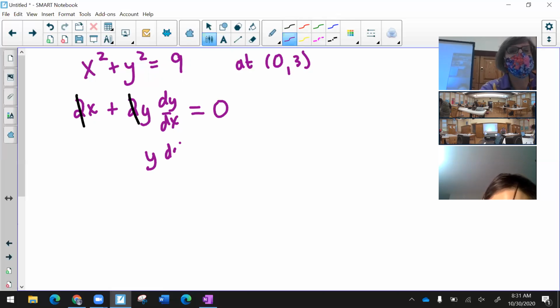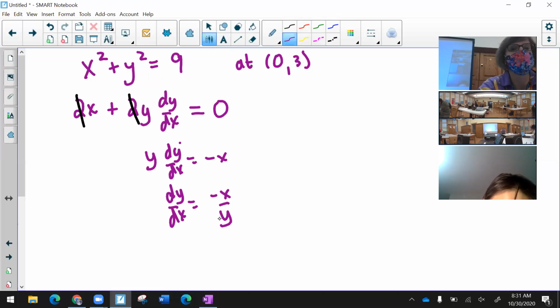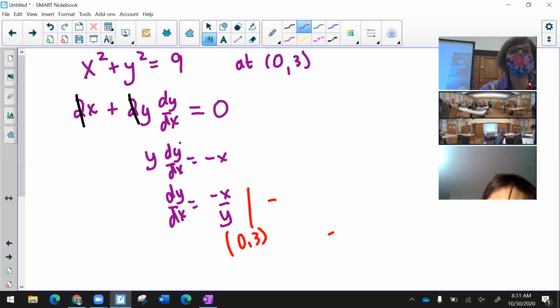And I end up with y times dy dx is equal to negative x, or dy dx is negative x over y. Okay, you good with this? So if I evaluate that at (0, 3), that's going to give me negative 0 over 3, or what? 0.